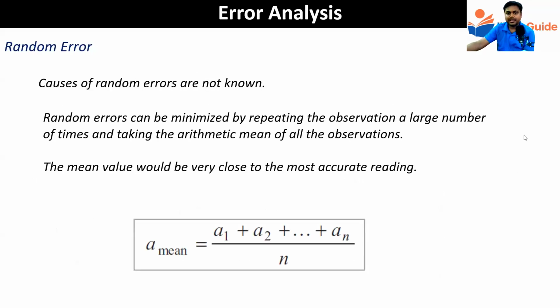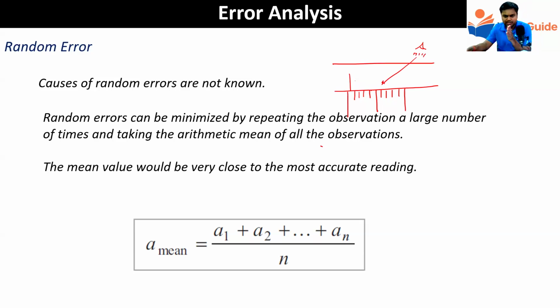Now, for example, errors due to parallax: I am observing the vernier caliper, and if you see from here, you will sometimes find a different division coinciding.